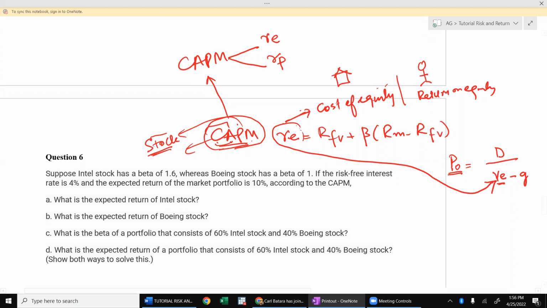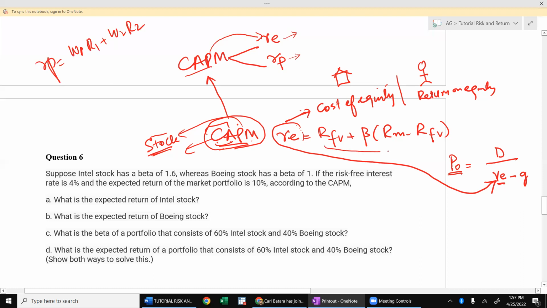Remember that the return of the portfolio was equal to weight of 1 times R of 1 plus weight of 2 times R of 2. In the capital asset pricing model there are no weights given, but we can calculate the return of the portfolio through this model.